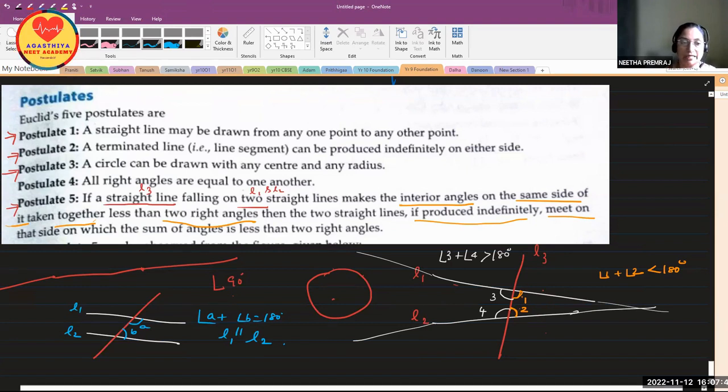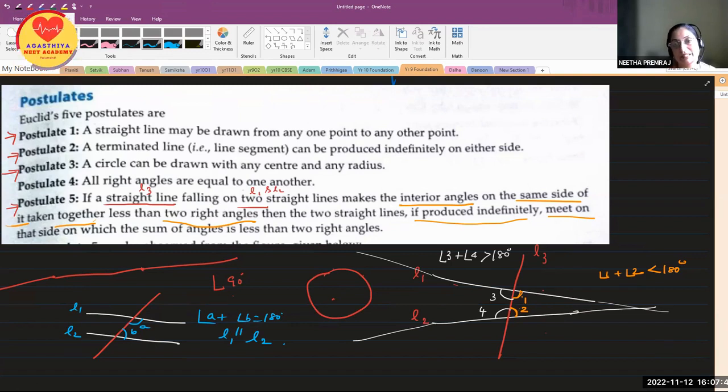If the sum of co-interior angles is equal to 180 degrees, the lines are parallel. If the sum is not equal to 180 degrees, they are not parallel. If it is less than 180 degrees, if you produce them, they meet at a point. If it is greater than 180 degrees, they are diverging.